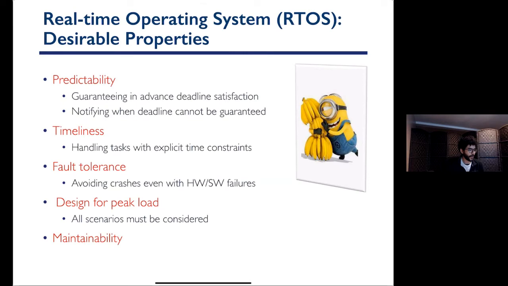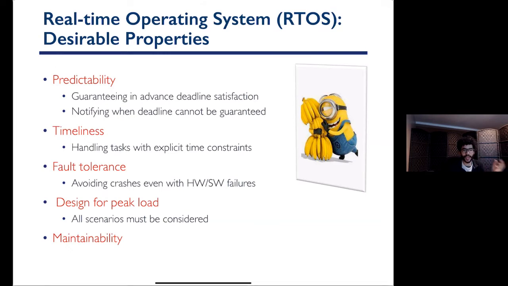So let's put together all the properties that we want our real-time operating systems to have. We want our real-time operating system to provide predictability. So this is something that we actually don't have in general purpose operating systems. We also want timeliness.